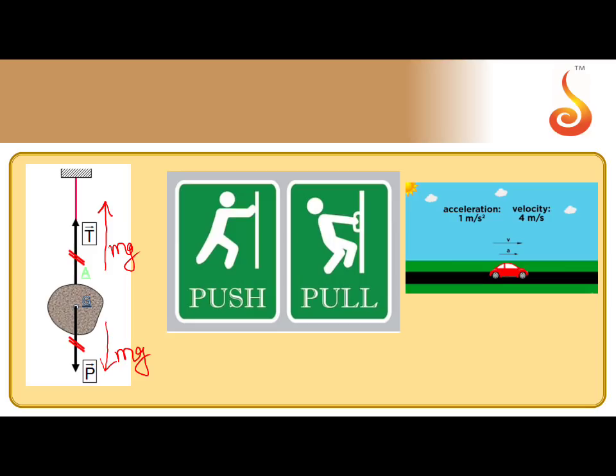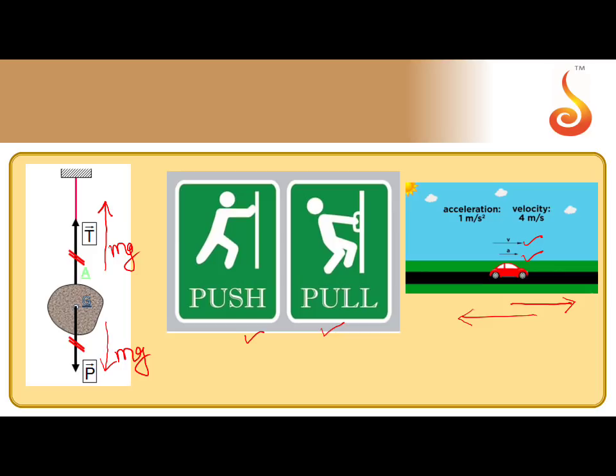Same way, to open the door, as per the instruction on the door, either you push or pull. The force exerted is in one particular direction. Same way, when a body is moving, its velocity and acceleration: if the body accelerates like this, speed will increase; if it accelerates like this, speed will decrease.